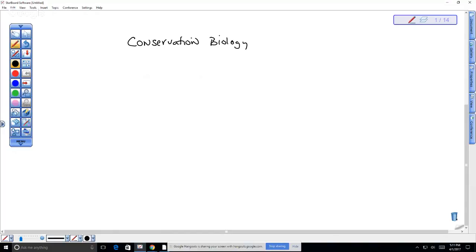And so conservation biology is a goal-oriented science. And the goal of conservation biology is to prevent the untimely extinction of organisms on the planet. So this is like medicine, it's goal-oriented.